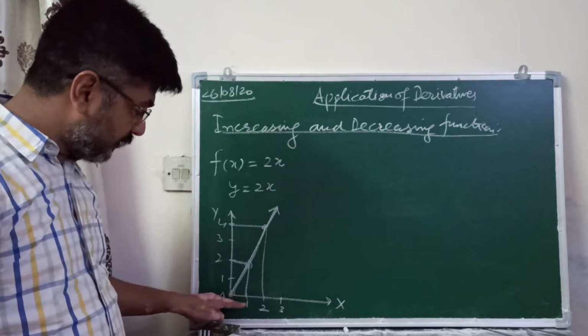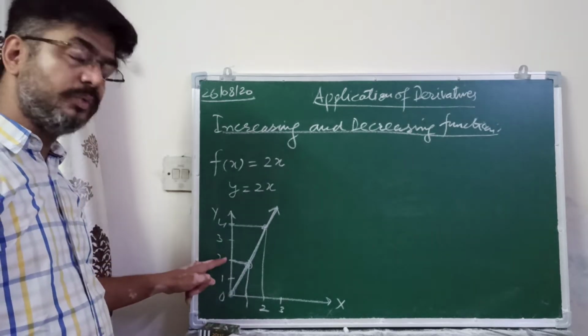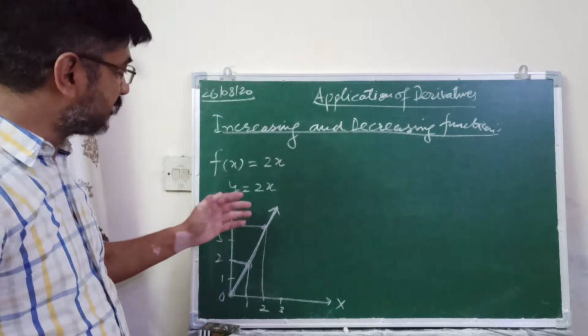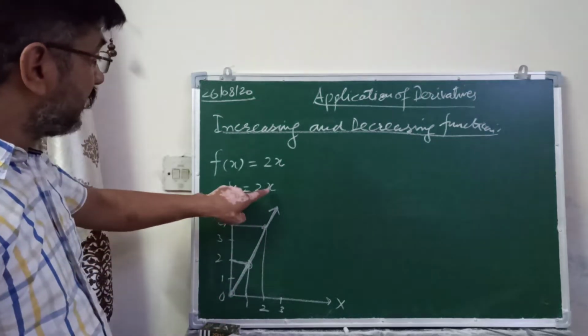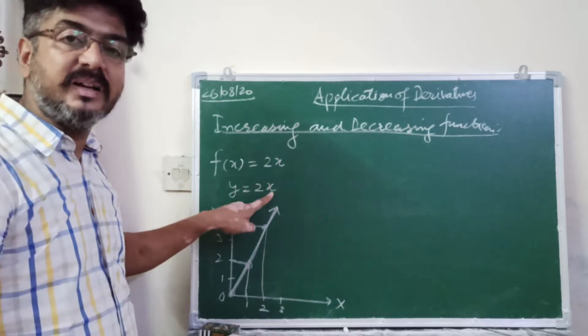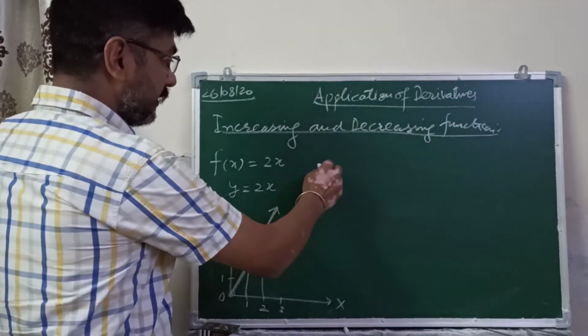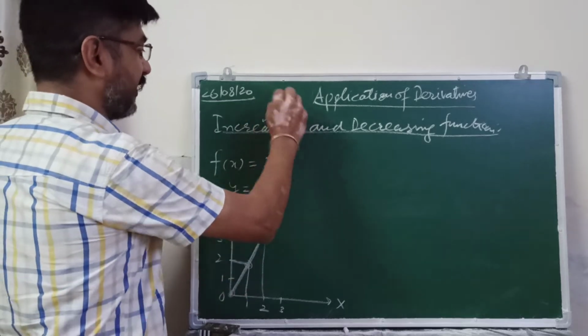X becomes 2 from 1, it increases, then it becomes 4 from 2. So that's why this is called an increasing function. It means this is the independent variable x; if it increases, then the dependent variable increases. So this is an understanding about an increasing function.